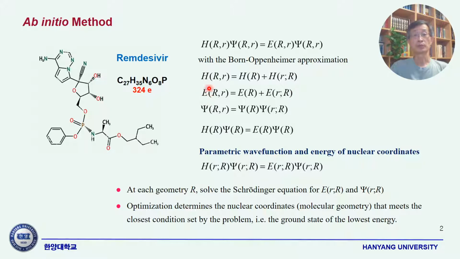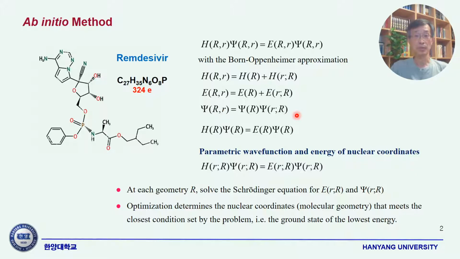So the total energy is the nuclear energy plus the electronic energy, with the nuclear coordinate as the parameter. And then the wave function itself is the product of the nuclear wave function and the electronic wave function, treating the nuclear coordinate as its parameter.